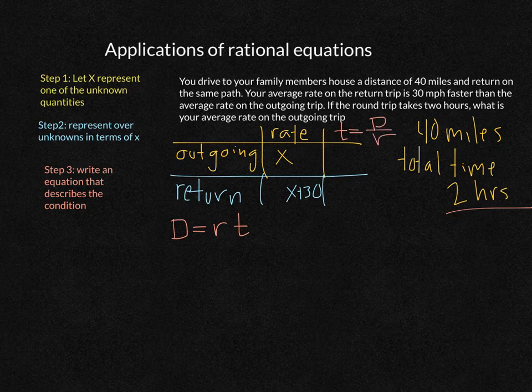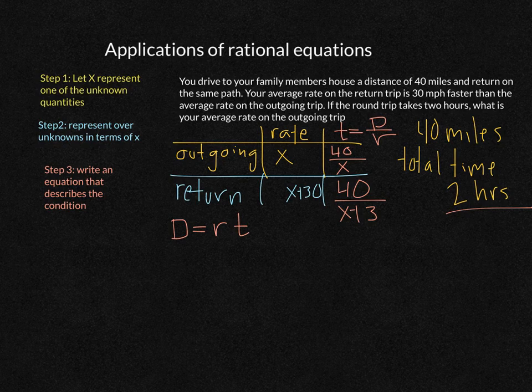We have two different times, the time for the outgoing and the time for the return. So the outgoing time is 40 miles divided by x. That's how long it would take to drive to the family member's house. The return trip is 40 divided by x plus 30.